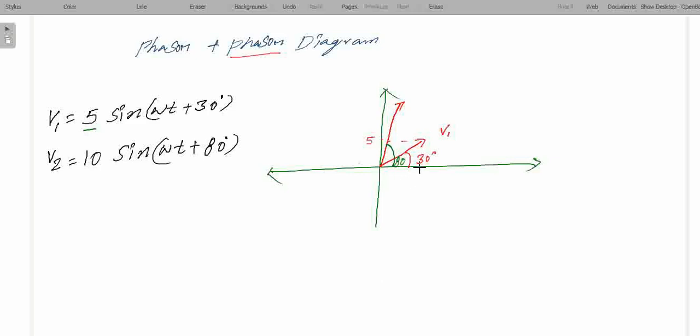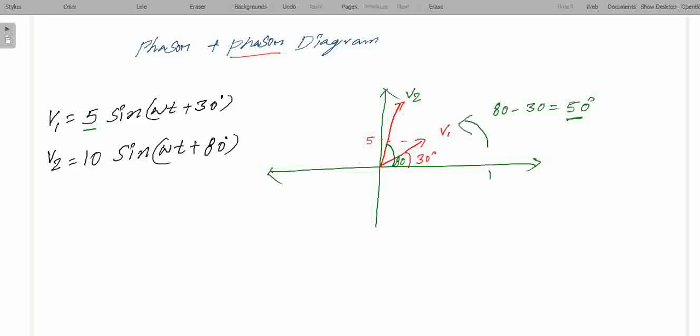Now tell me whether V1 and V2 are in phase or out of phase. Absolutely, they are out of phase, by 80 minus 30, which is 50 degrees. That is, V1 is lagging V2 by 50 degrees, or V2 is leading V1 by 50 degrees. Anything that moves in anti-clockwise direction is considered leading.